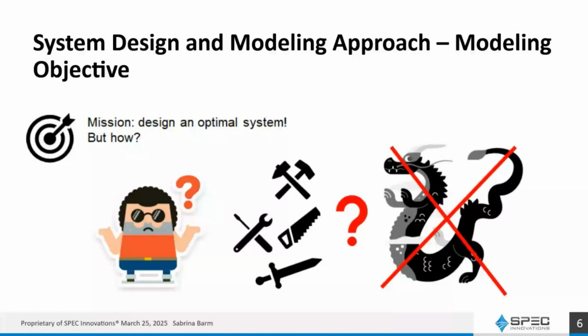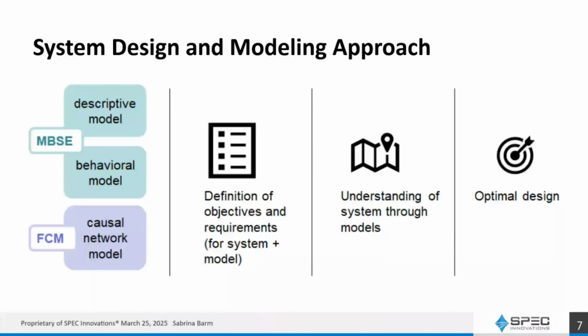In order to build or even just design a system, we need to understand it. And to understand a system, we can model it. And that's what would help us to really go into our details for the system.